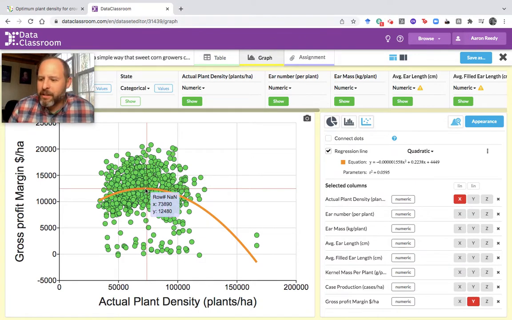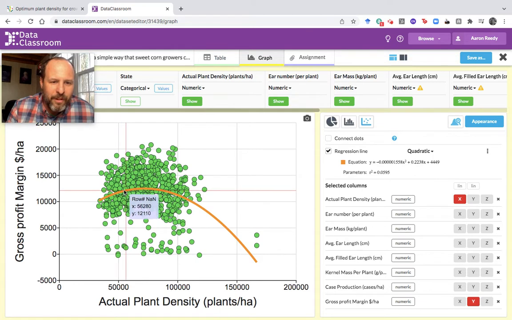Now, this becomes interesting, and some background that's given in the activity is that the actual typical density that is observed in farm fields is somewhere around 58,475 plants per hectare.